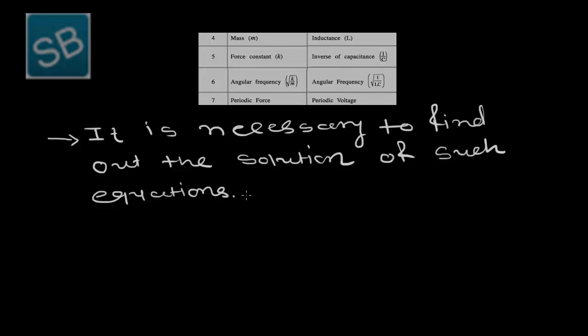With this, our article number 2.1 and 2.2 is over, and now we are moving to the next article, number 2.3.